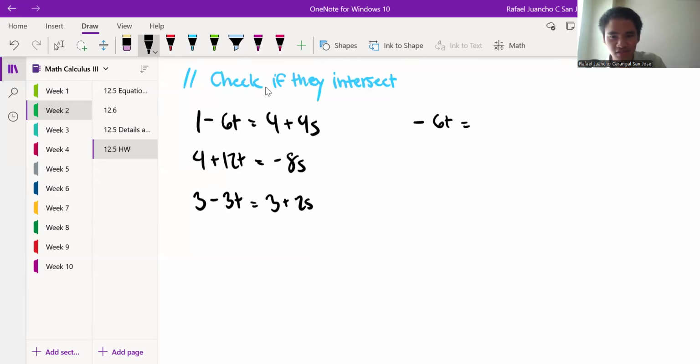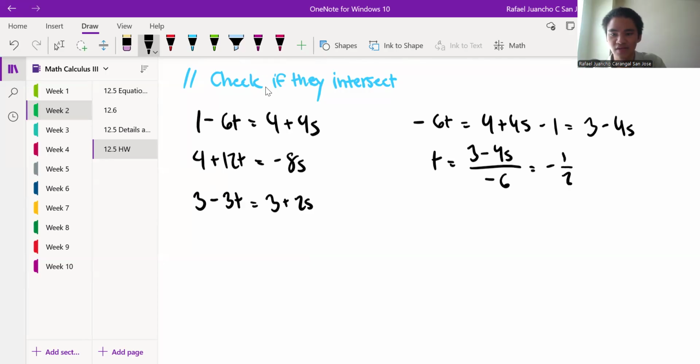So we have negative 6t is 4 plus 4s minus 1. So 3 minus 4s. t is 3 minus 4s over negative 6, we got negative 1/2 plus 4 over 6, 2/3 s.